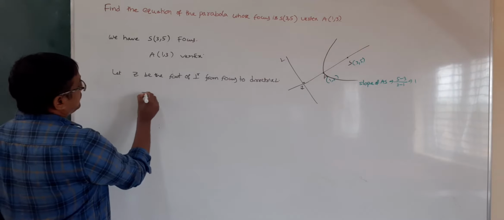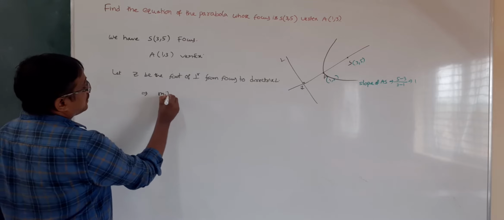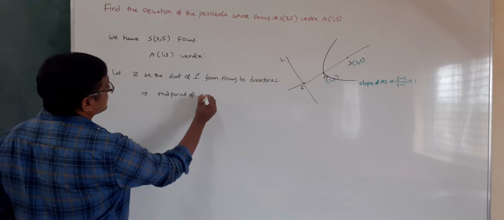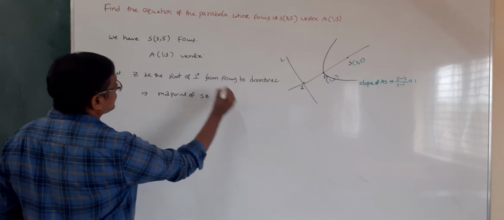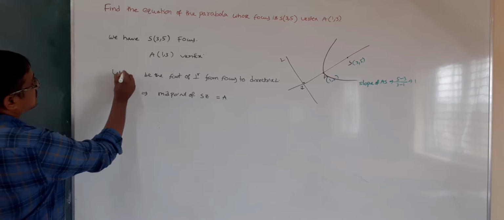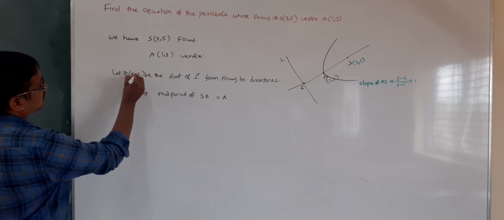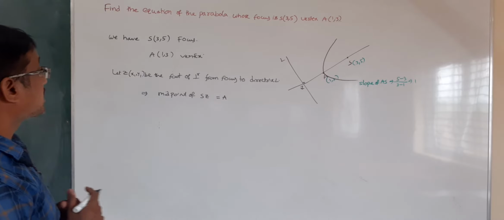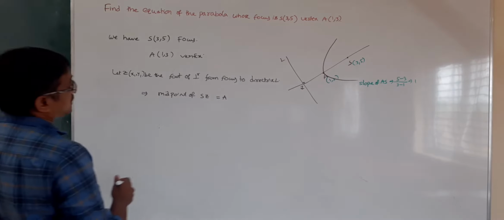We don't know the equation of directrix. So clearly the midpoint of S and Z is capital A. So let Z be (x1, y1), the foot of perpendicular from focus to the directrix.